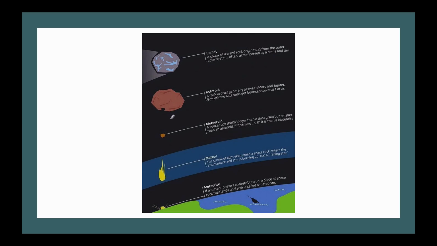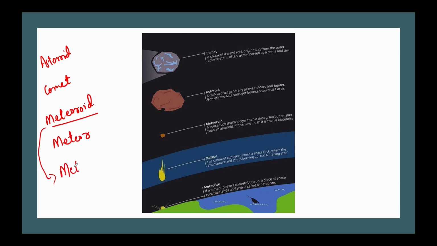Now, what is the difference between, I will write here, firstly an asteroid, then a comet, meteoroid, then there is another word called meteor. Many people confuse meteoroid with meteorite. Meteorite, there is a TE, right? So now try to understand this.